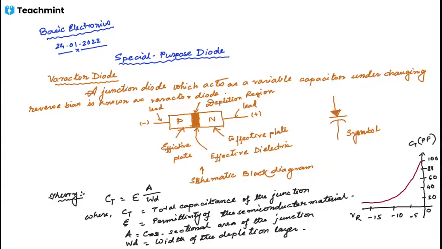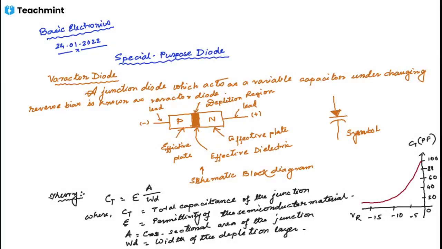Okay. So this is the curve between the reverse bias voltage V_R across the varactor diode and the total junction capacitance C_T. We can observe from the curve that C_T can be changed simply by changing the voltage V_R.